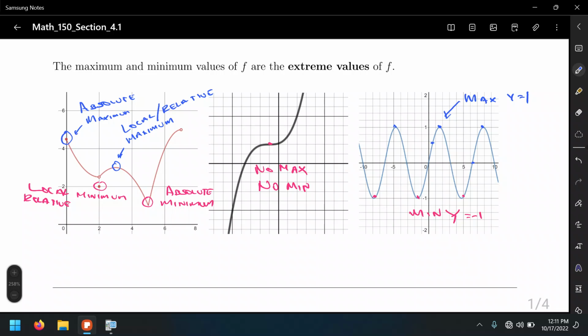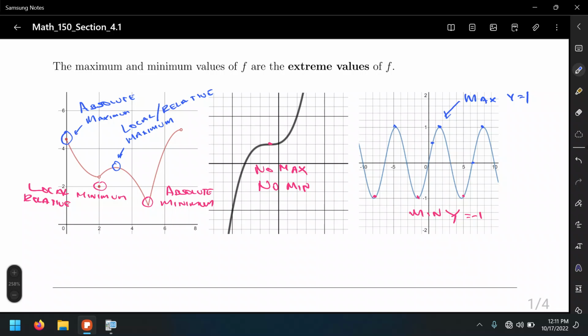But in this case, we're not restricting. We're just observing how trigonometric functions behave, in particular the sine and cosine functions, which just oscillate between -1 and 1, the minimum being y equals -1 and the maximum y equals +1.